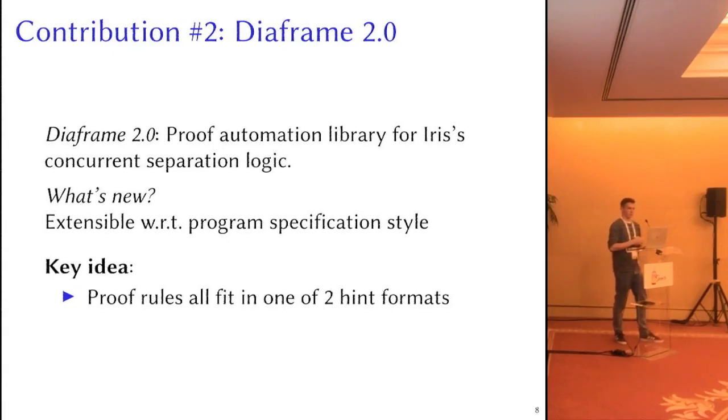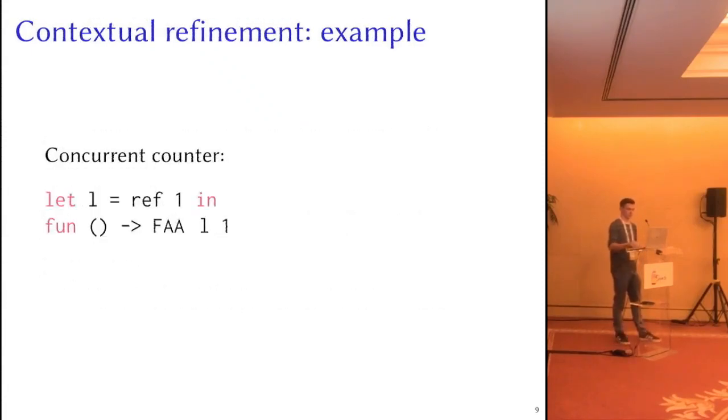Now, for the rest of this talk, I want to zoom in a bit on contextual refinement. What is that? And let's see an example verification with our automation strategy. The data structure we will be specifying the behavior of is a concurrent counter. This expression on the slide will first allocate some location L, and then it will return a closure.